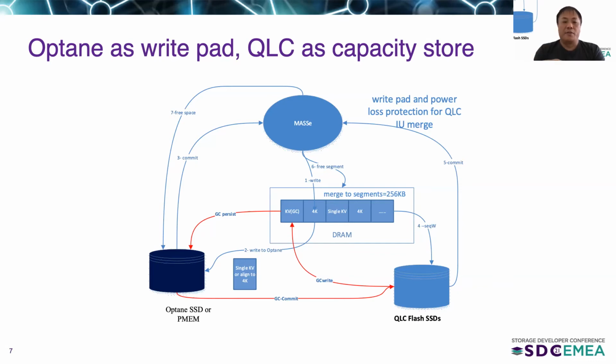Since we already persisted the small chunks to Optane, we don't need to worry about data loss or power loss, so data can always be recovered. So actually, Optane acts as power loss protection and also helps the QLC by merging the data into large chunks.